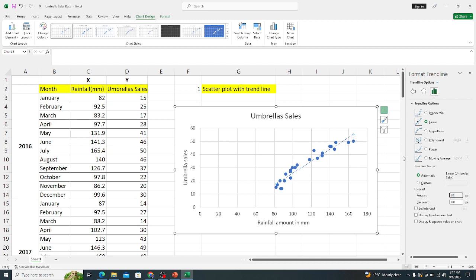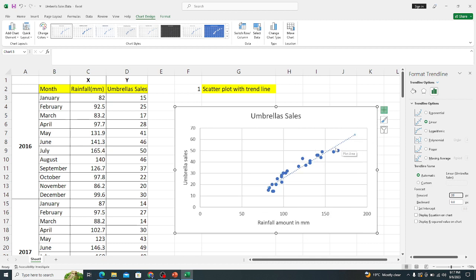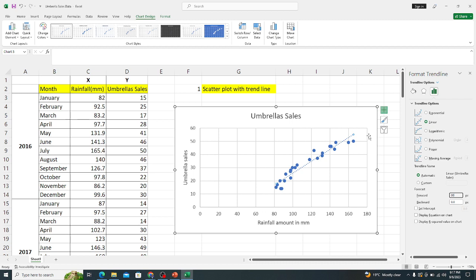Once I click enter, you can see it has projected, because now I'm projecting a value up here. At this point I've tried to project forward. All right, back to normal.